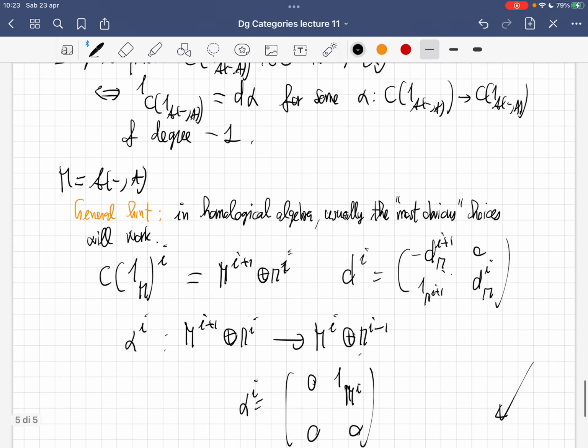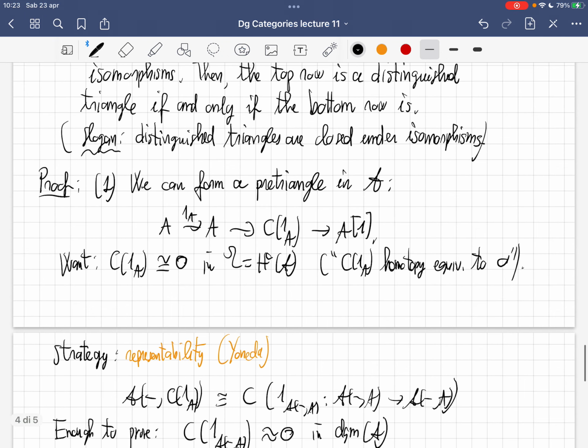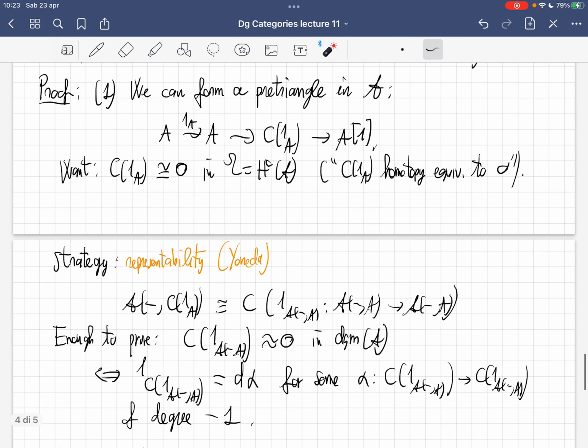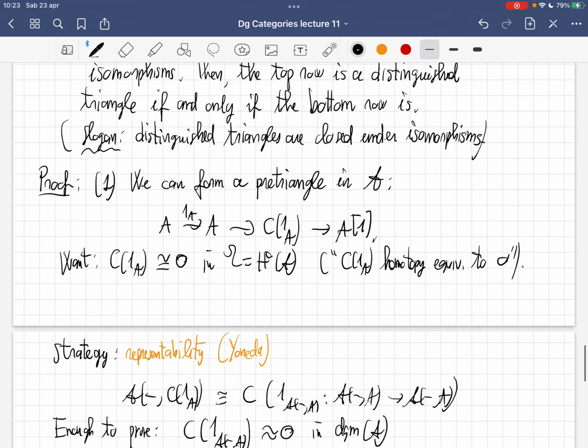The non-trivial part was checking that indeed the cones of identities were actually isomorphic to 0. So, if you want to be very pedantic, why is this working? This is 0 in T, so you can take this, and you have an isomorphism with 0, and here take this, and you compose.